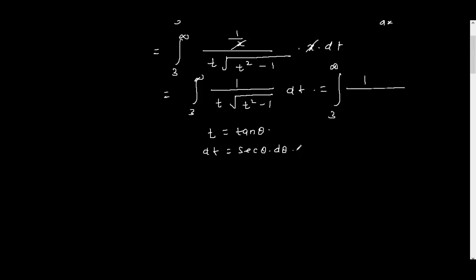Secant square theta minus tan square theta, we know that is equal to 1, right? So tan square theta plus 1, secant you have to consider, because we want to bring secant square theta minus 1. t is equal to sec theta.